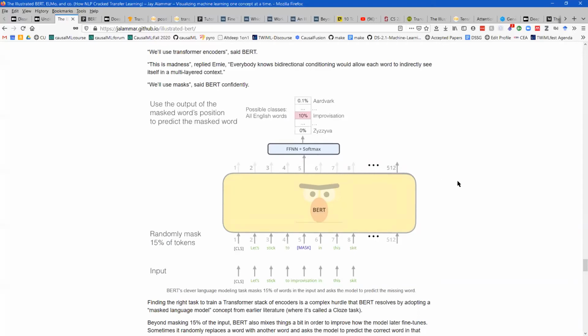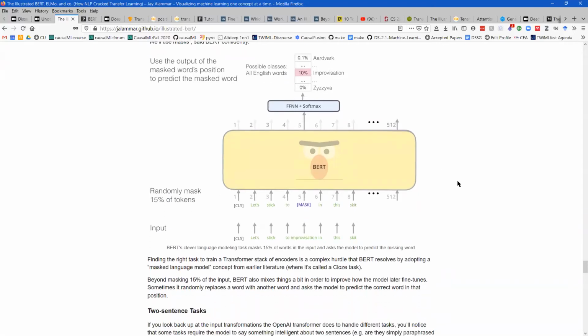But the subtlety here is that they're doing a little bit more. It says originally that 15% are masked, but that's not really what happens, because some of the tokens that are selected to be masked are treated differently.